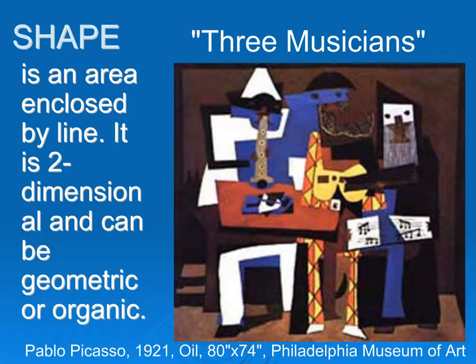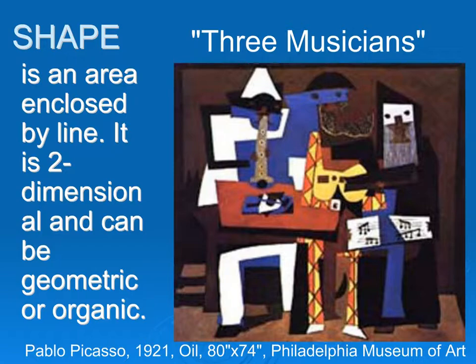Shapes are flat, and some shapes are geometric, such as squares, circles, triangles, rectangles, and other shapes. The abstract painting has three people that are simplified into an arrangement of flat shapes. The artist is using a variety of shapes, creating a painting that really looks sort of like a puzzle. Look for these shape varieties.